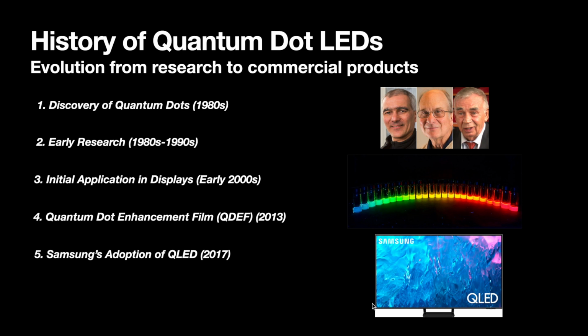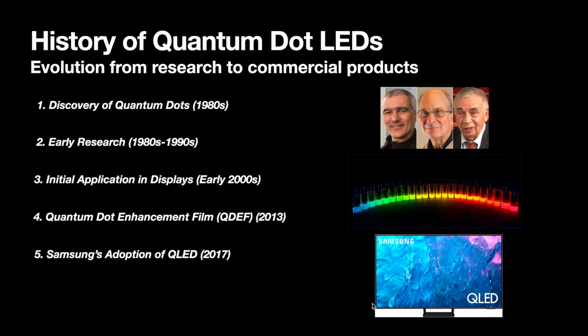Basically, they tried to build a more solid understanding of the working principle of quantum dot and a more mature fabrication technology. Then in the early 2000s, people started to think maybe we can use quantum dot to improve the performance of display. So in 2013, the idea of quantum dot enhancement film came up. That is what I showed in the last slide.